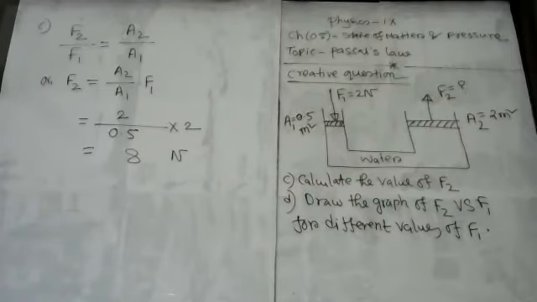To draw the graph, we should consider a minimum of 3 points. What should be the first point? The first point should be the origin point, where the graph starts. When you want to draw the graph, you must mention the origin point, which is the starting point of the graph.